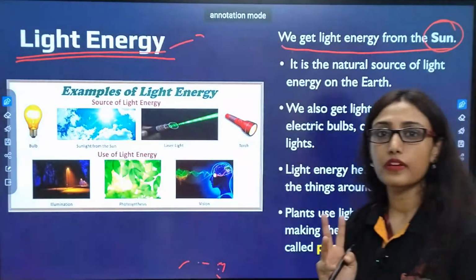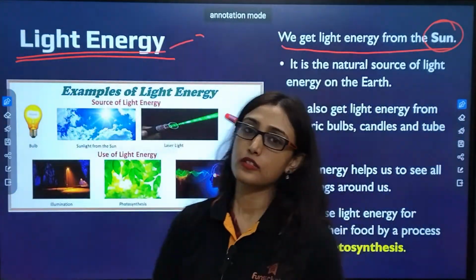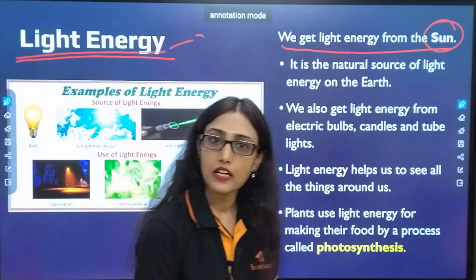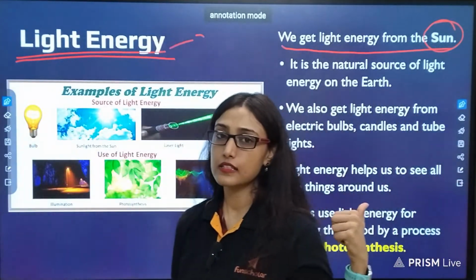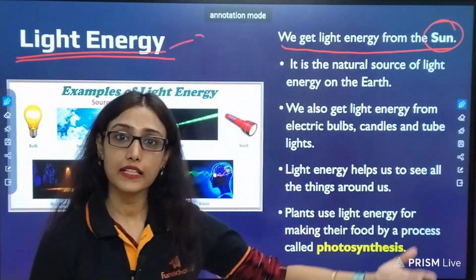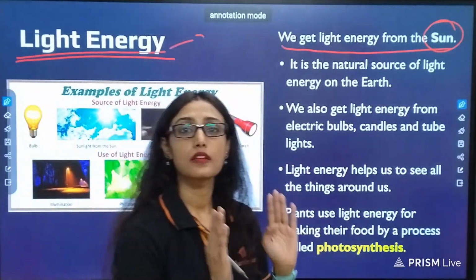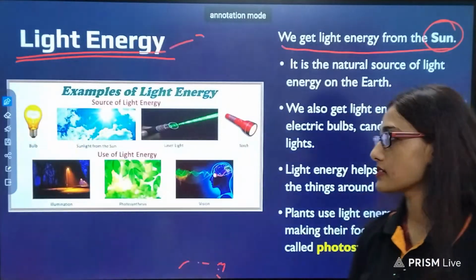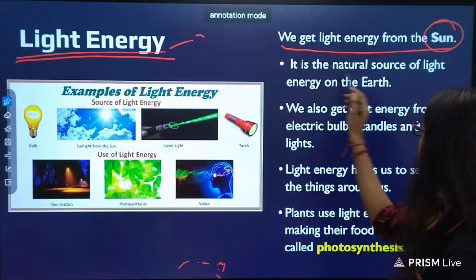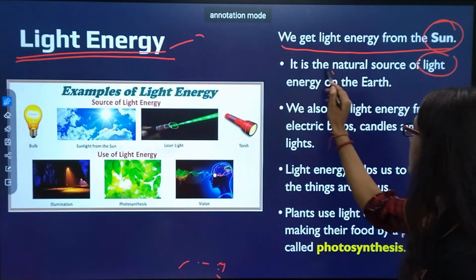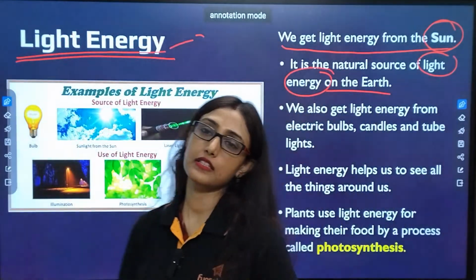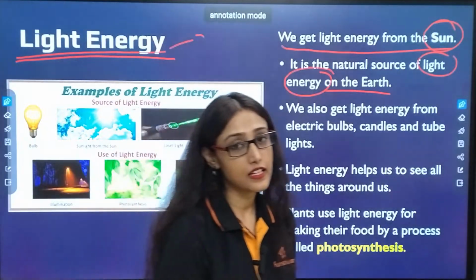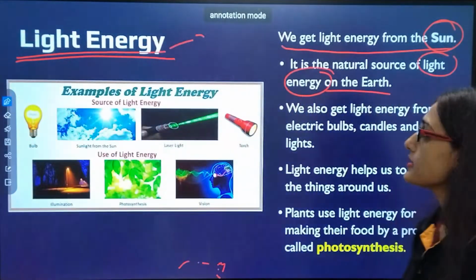So three types of energy we get from the sun: solar energy, heat energy, light energy. It is because of the sun's light, which is reflected by the moon, that the moon is visible to us. Okay? It is the natural source of light energy on earth. Again, if the question comes, what is the natural source of light energy? The answer will be sun.